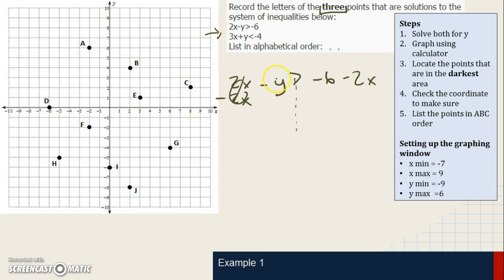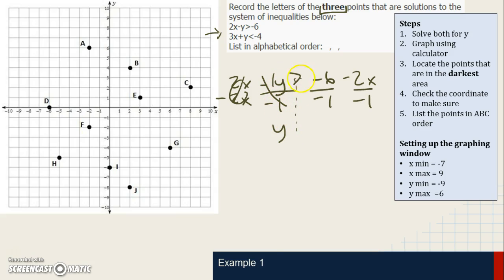So now we can go ahead and get rid of this negative. Since it's a negative 1, we know that we've got to divide because it's being multiplied. So we're going to divide by negative 1 here, and then we're going to divide by negative 1 on the other side, and I'm making sure that I divide the entire side. Negative 1 and negative 1 divided cancel to 1, and we're just left with y.